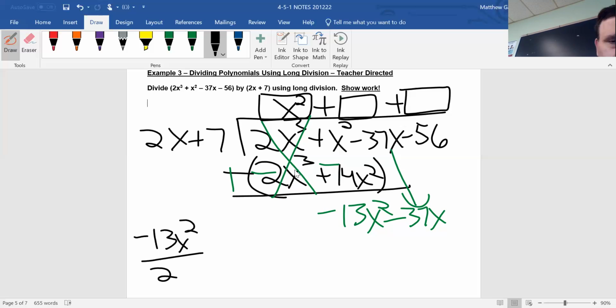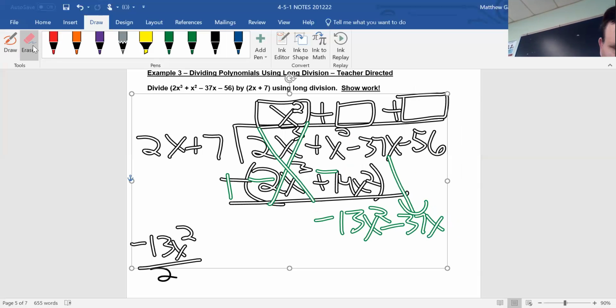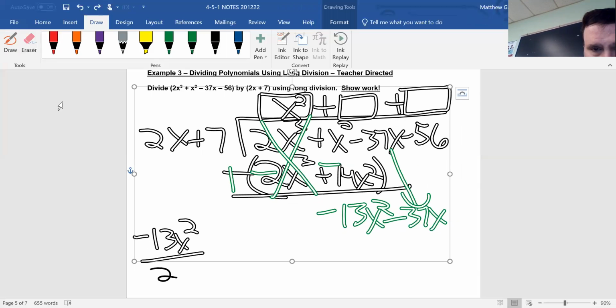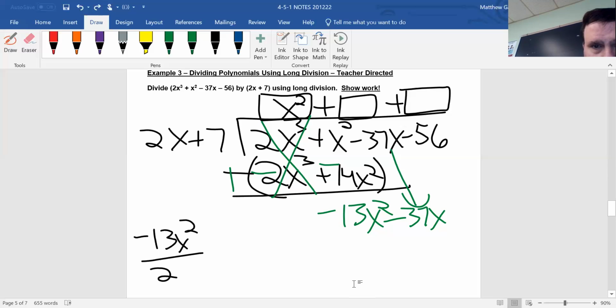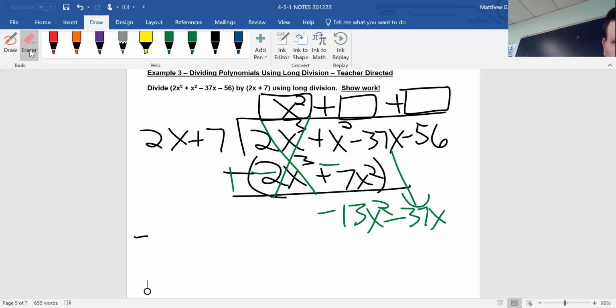Okay, I know what I did wrong. Let's go back. I made a mistake. That should have been 7x squared. It's that easy to screw up. So this should be 7x squared. It's just going to change everything.